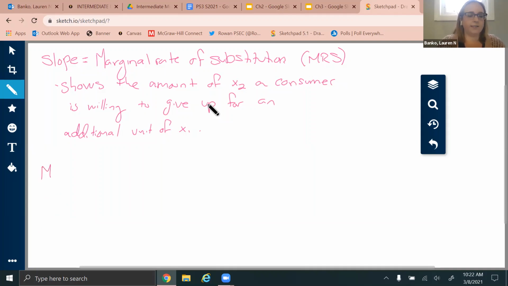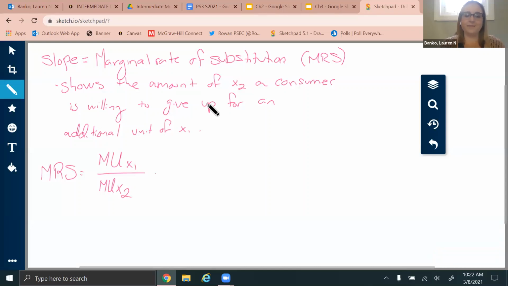Now the MRS has an equation like everything else. Marginal in economics always means derivative. So what we're finding is the marginal utility with respect to x1 over the marginal utility with respect to x2.